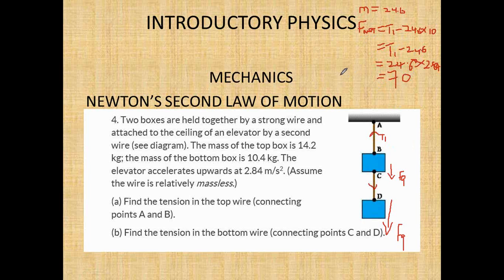So let's write it out. So tension, or T1, minus 246 is equal to 70.